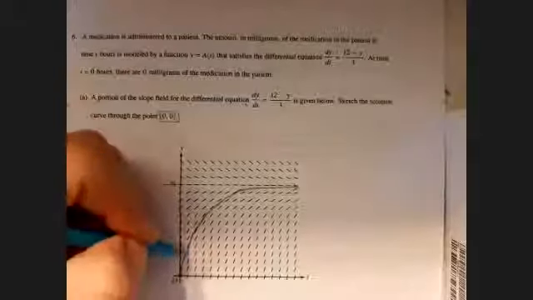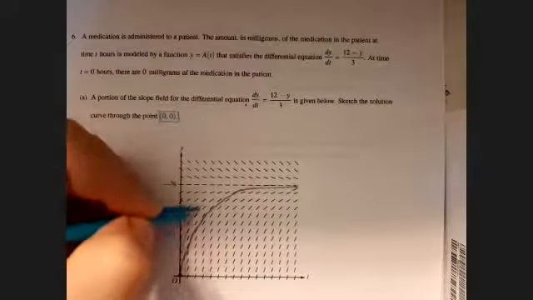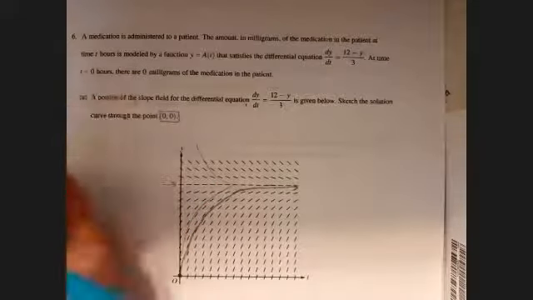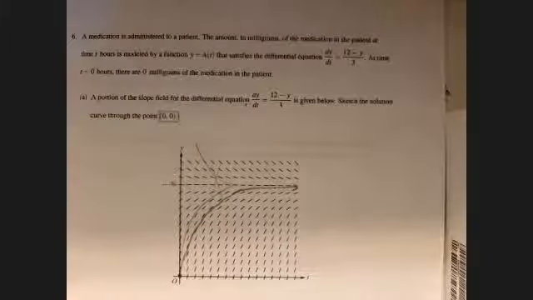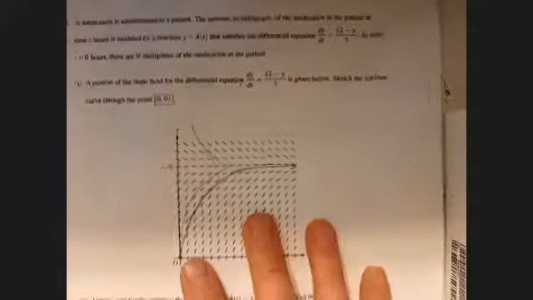You don't want it to go like this or anything like that, because that definitely wouldn't be a function. And you want to follow the tick marks. You also want to make sure that your solution curve passes through the condition that they give you, (0, 0). My guess is they're going to give you 1, maybe possibly 2 points for this question.